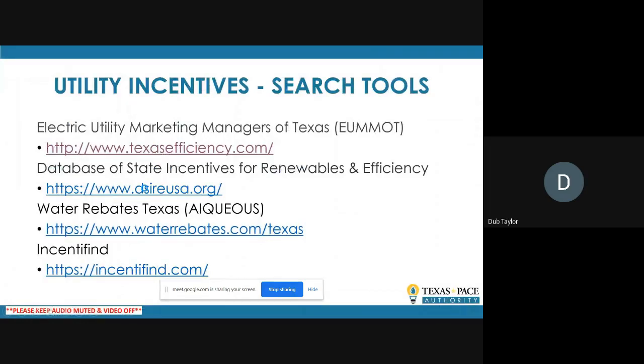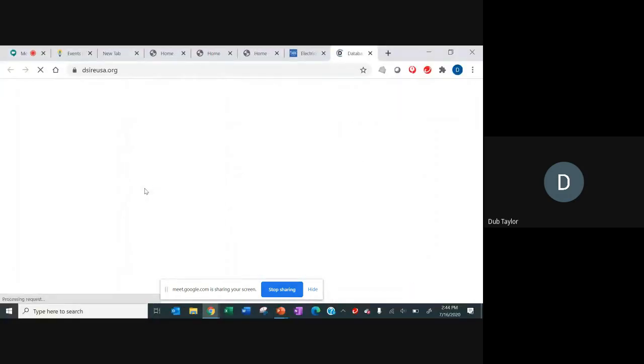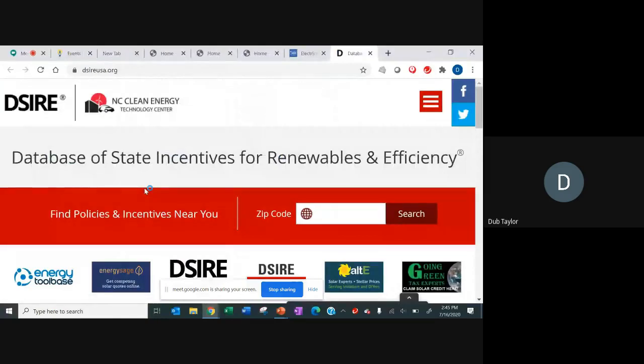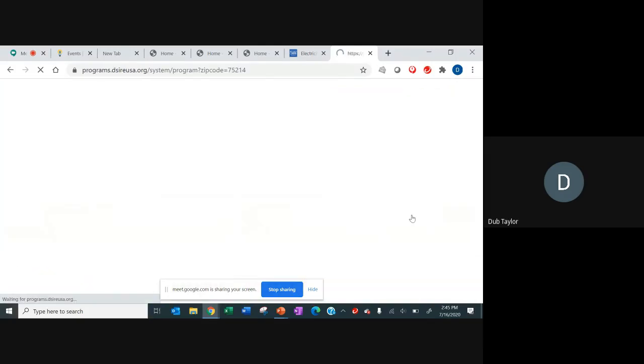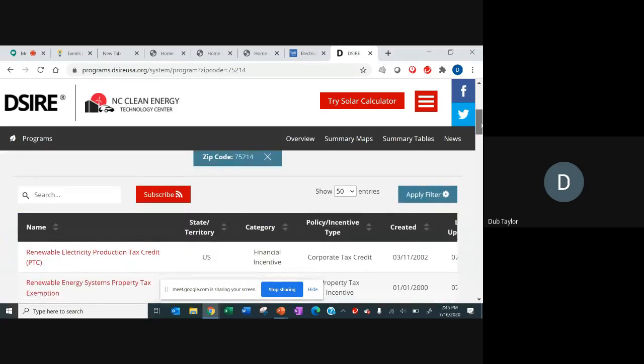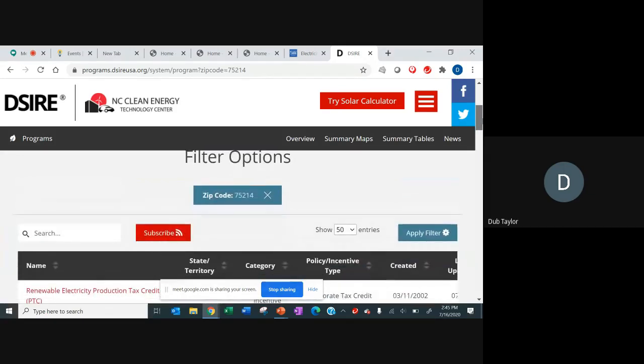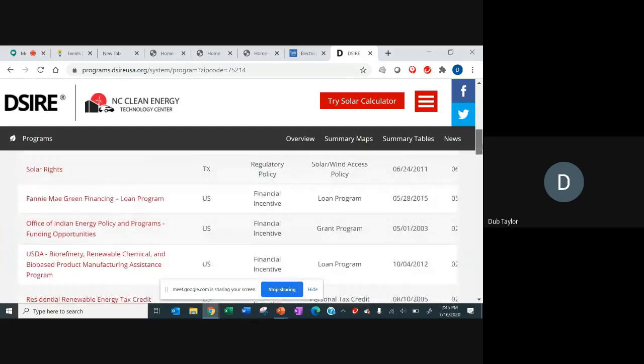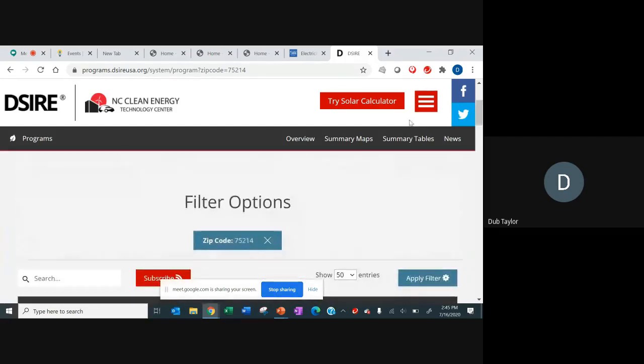The DSIRE website, this is the database of state incentives for renewables and efficiency. Here you can sort by zip code, which is helpful to get started. Let's see. And this lists for a zip code in Dallas, for example, a number of different incentives, both some financial, some programmatic.